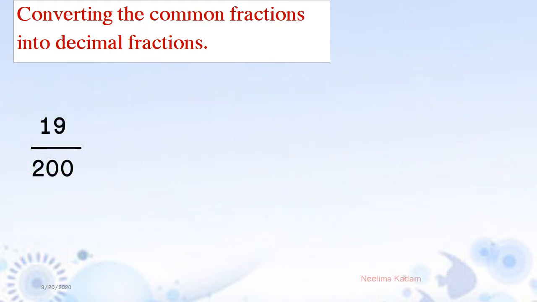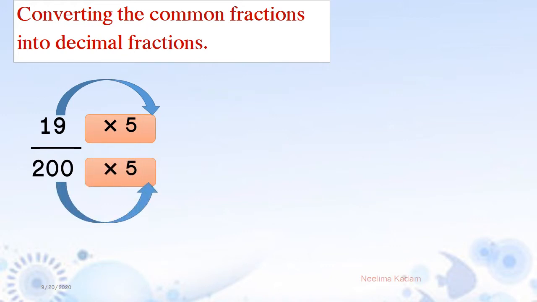19 upon 200. Now 200 into 5, so that it will become 1000. So it is 95 upon 1000. 19 5s are 95. Now in the denominator 1 2 3 zeros are there. So in the numerator we have to count 1 2.